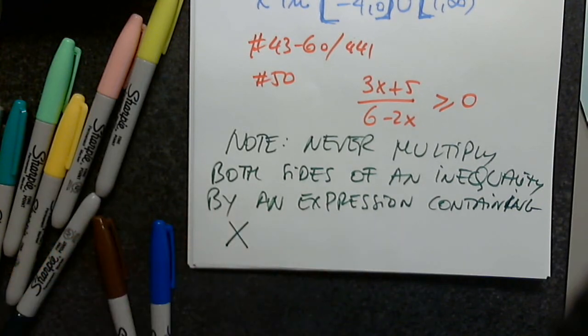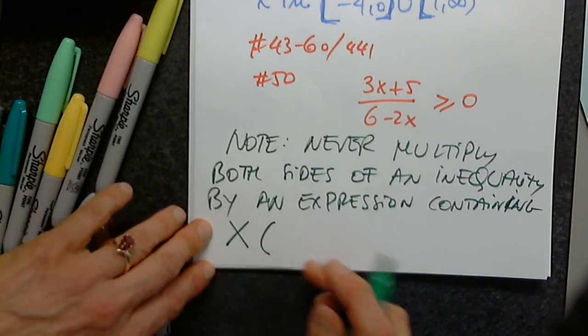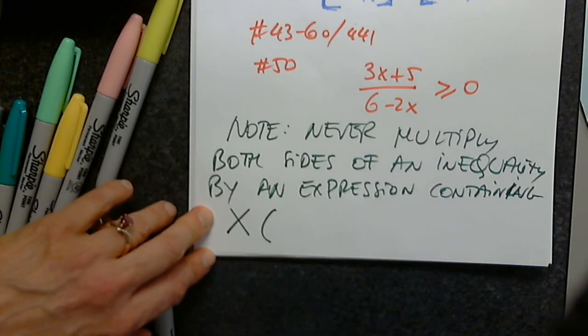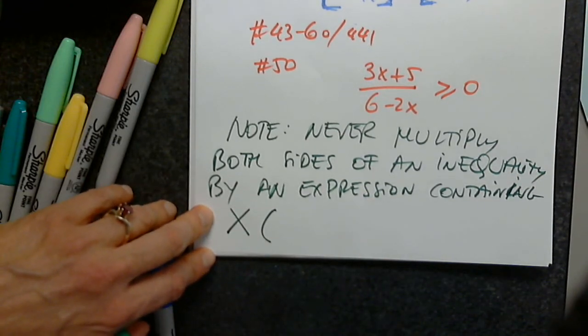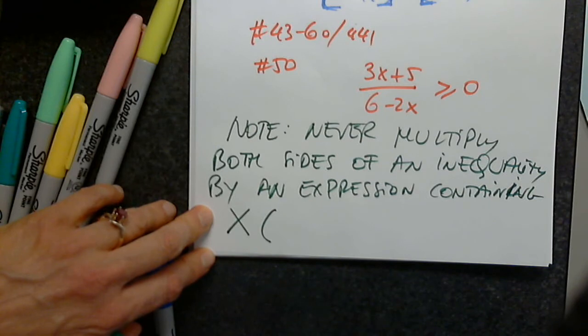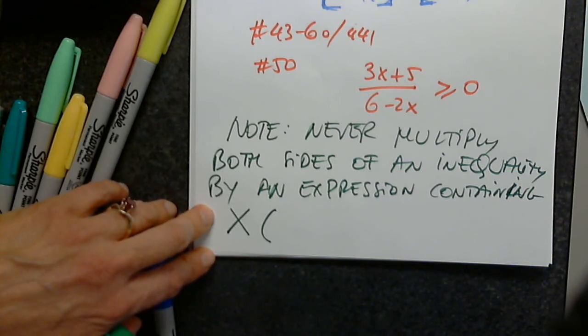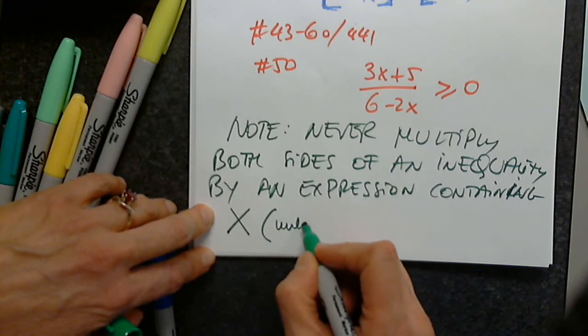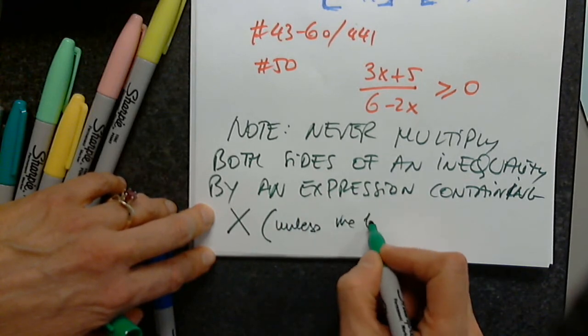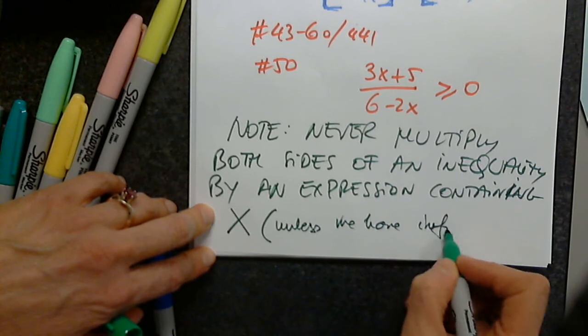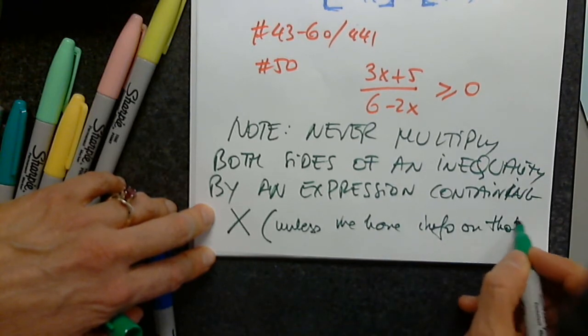And now I have to be correct and put in parentheses, unless you're told that that quantity is always positive or always negative. So how do you want me to write it? Unless you have information about the quantity, okay? Unless we have info on that quantity.